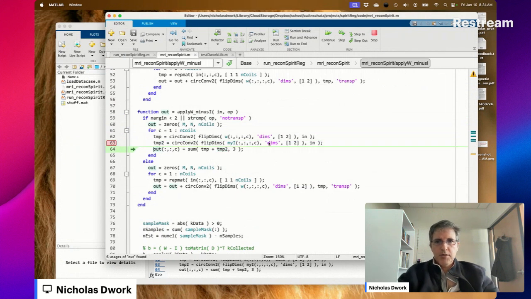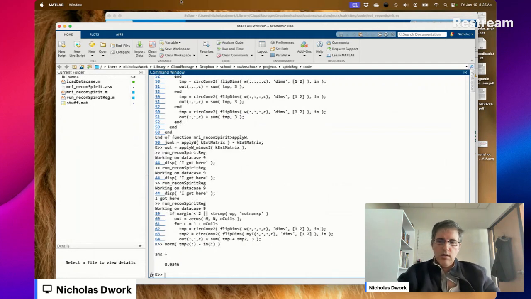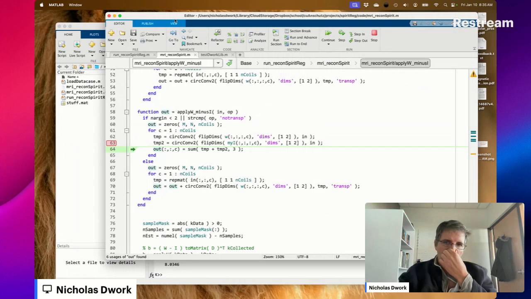So I think temp2 should be the same as in. Wow.